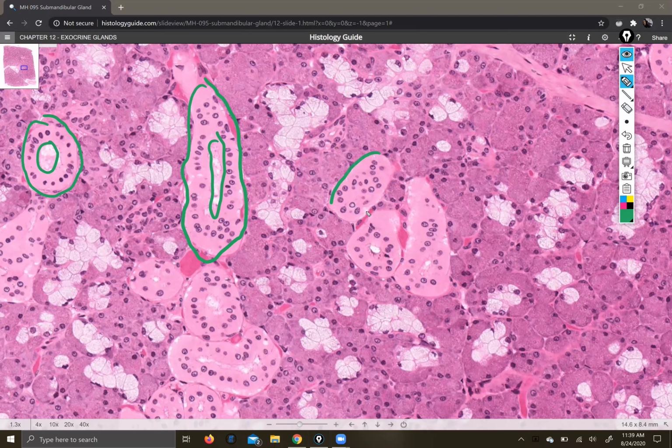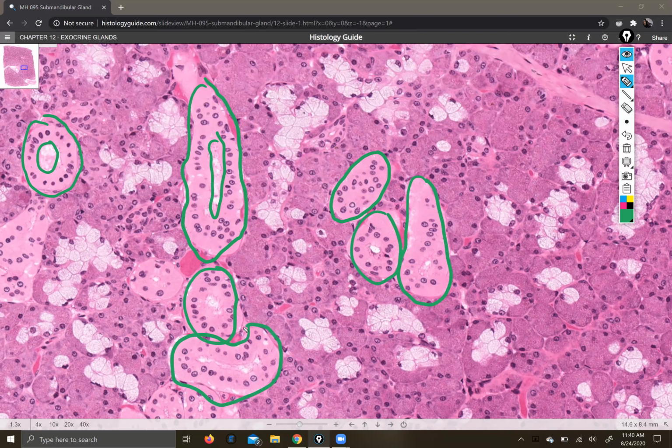For example, this one, no obvious lumen, and yet I know that it's a duct because its cell color and cell morphology matches its neighbors. So duct, duct, duct, duct. So many ducts, all gathering saliva from neighboring acini.